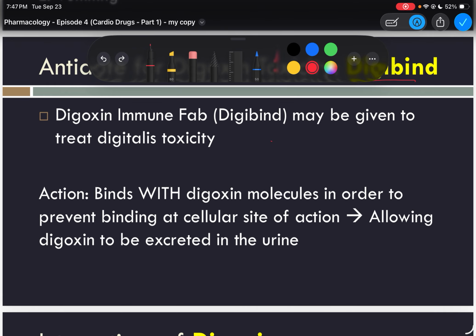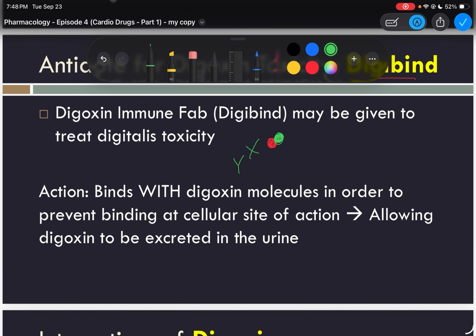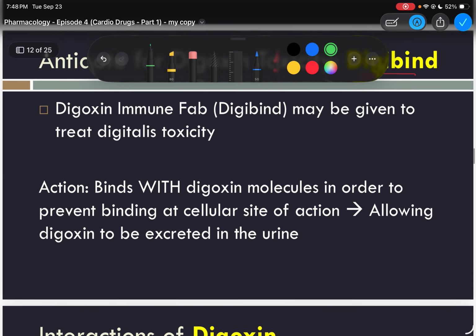So basically, if this is the digoxin molecule, the Digibind will bind to your digoxin. And if this is the receptor for digoxin, it will prevent the attachment of the digoxin to the receptor. So instead, it will be excreted in the urine, decreasing the level of digoxin in the blood.